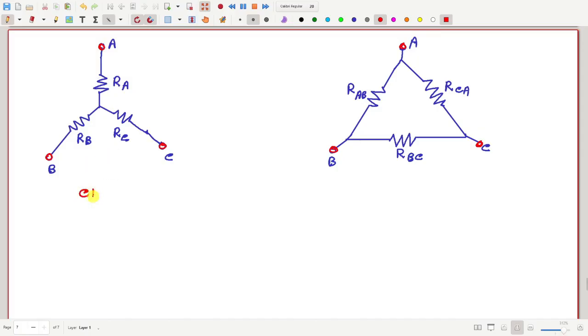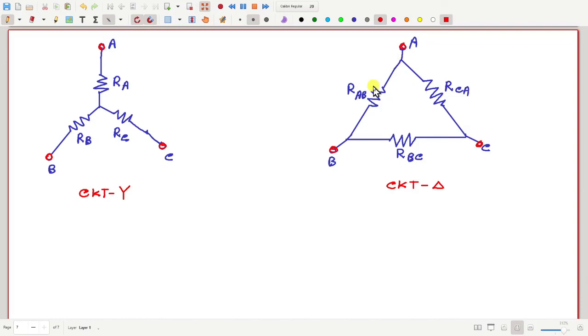Call this circuit 1 and call this circuit 2. Let me call this circuit Y or star because this looks like a star, and let me call this circuit delta because this looks like the Greek alphabet delta.